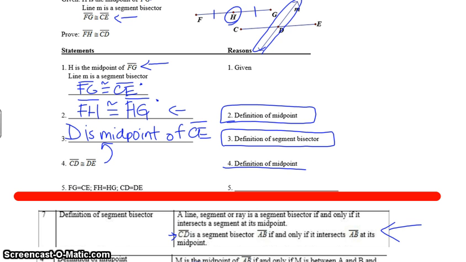And they also said CD equals DE. That looks like that there. So they've gone from saying each of those things are congruent to the fact that they're equal. Remember, that is our definition of congruence, and in this case, it's definition of congruent segments.